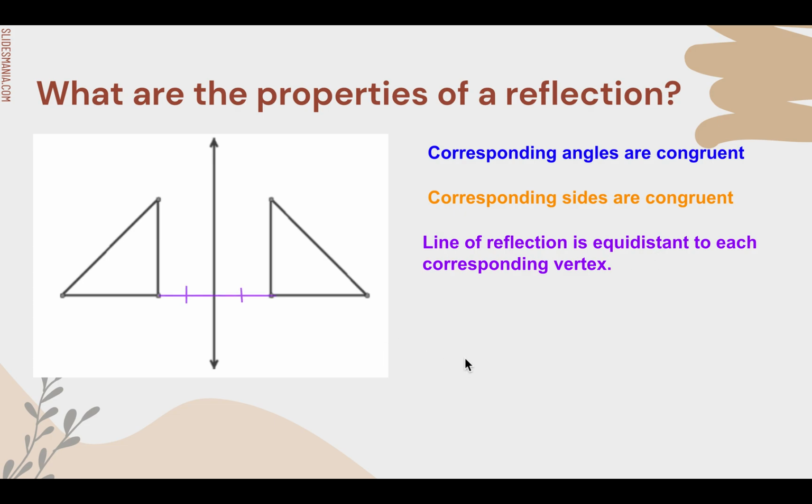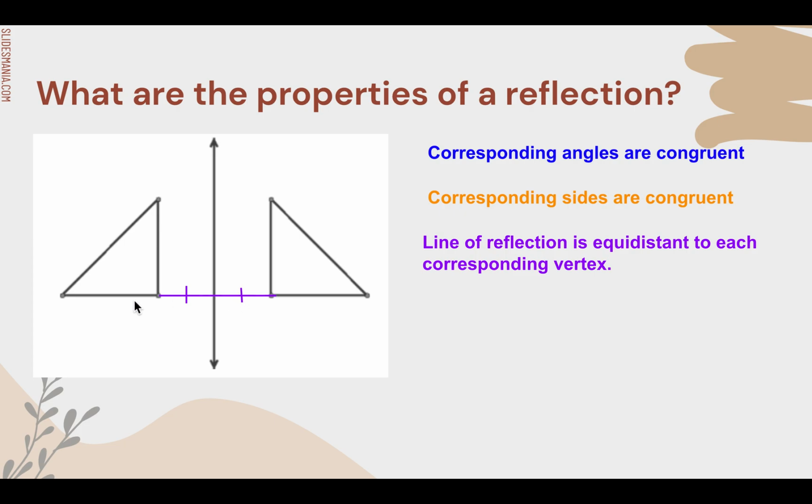So the diagram example that I'm going to show here is the distance from the vertex that maybe looks like a right angle. We're not sure, it's not marked, but the distance from that vertex to the line of reflection and the distance from the other vertex that maybe looks like a right angle to the line of reflection, they are the same distance away. That distance is preserved when we do that type of reflection.